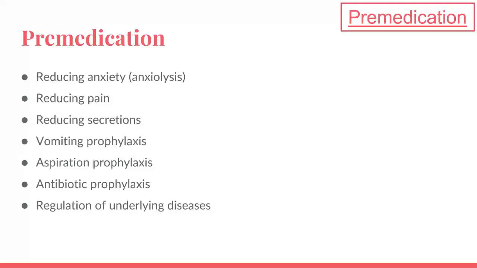Reduction of secretion. This is particularly important in ophthalmology and otolaryngology. However, it is also important to consider reducing secretion in pediatric patients who often react by crying after being separated from their parents.